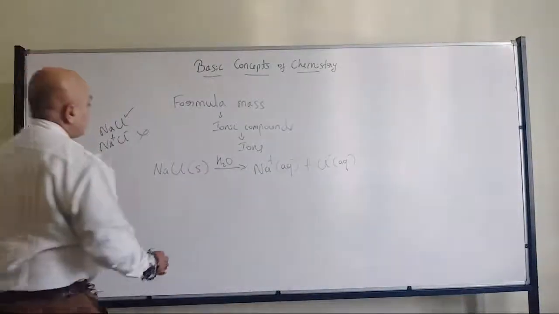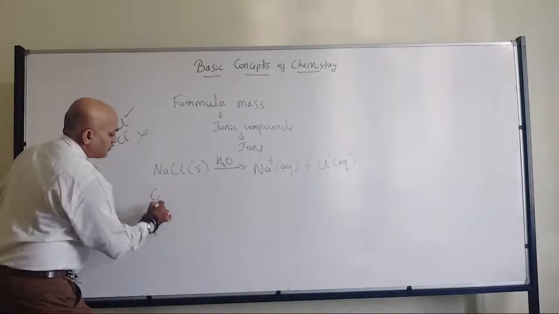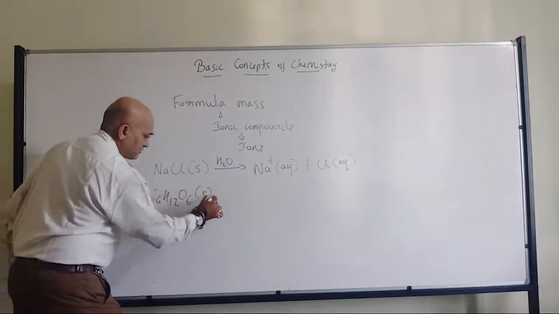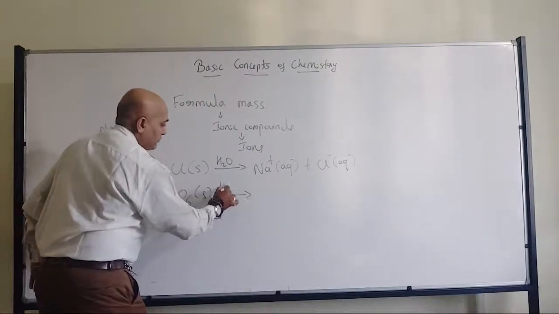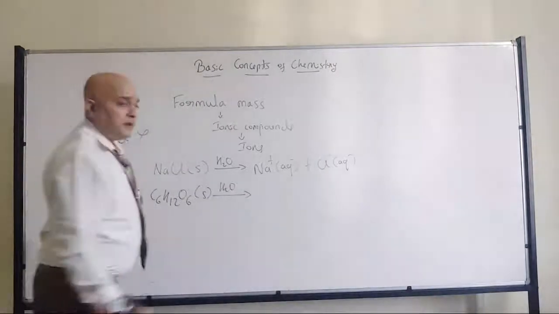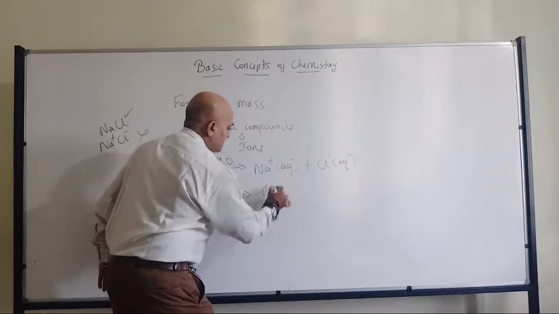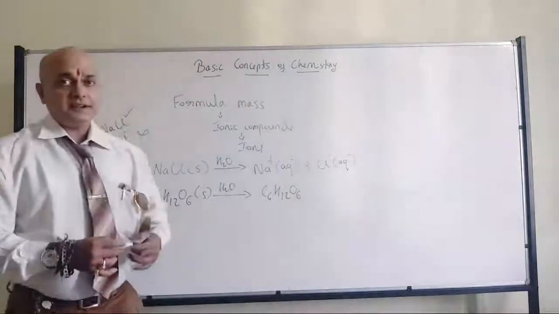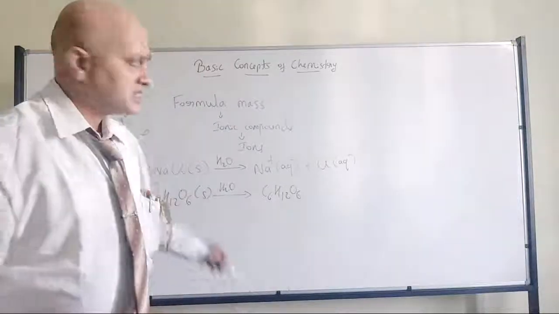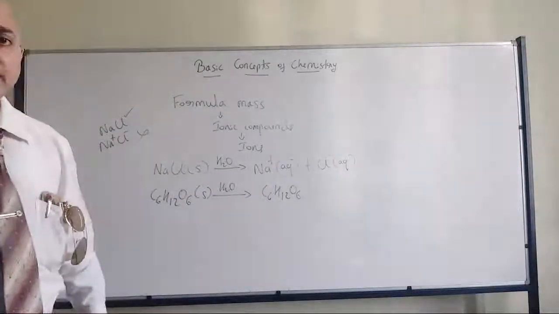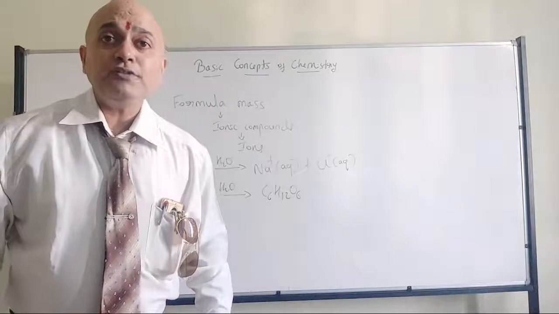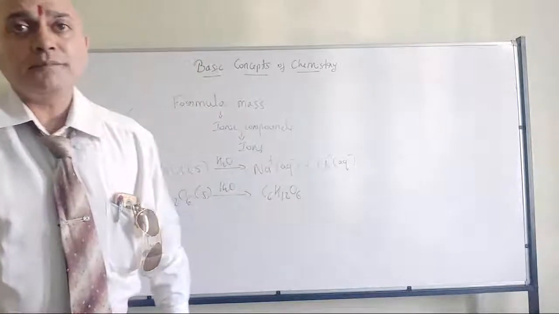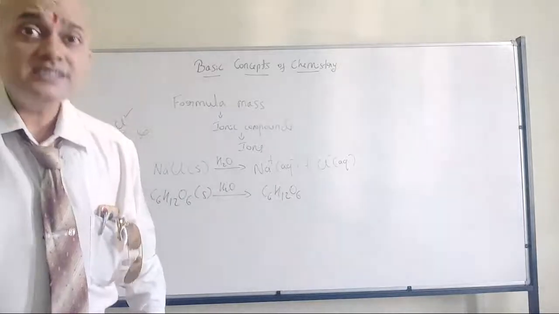Fine? Now, if I take glucose, just now we have mentioned glucose, which will be solid in nature. When I add it to the water, it will get dissolved. All of you might have observed, whenever sugar is added to the water, whether it will get dissolved or not, what will happen? It will get dissolved.